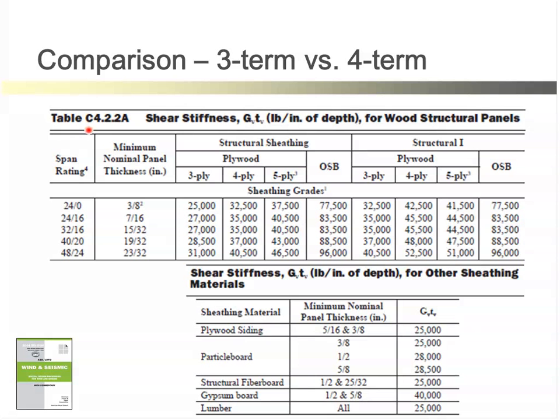So this is commentary table C4.2.2a, which tabulates shear stiffness values for wood structural panels. We also tabulate shear stiffness values for other materials like plywood siding, particle board, fiberboard, gypsum, and lumber.